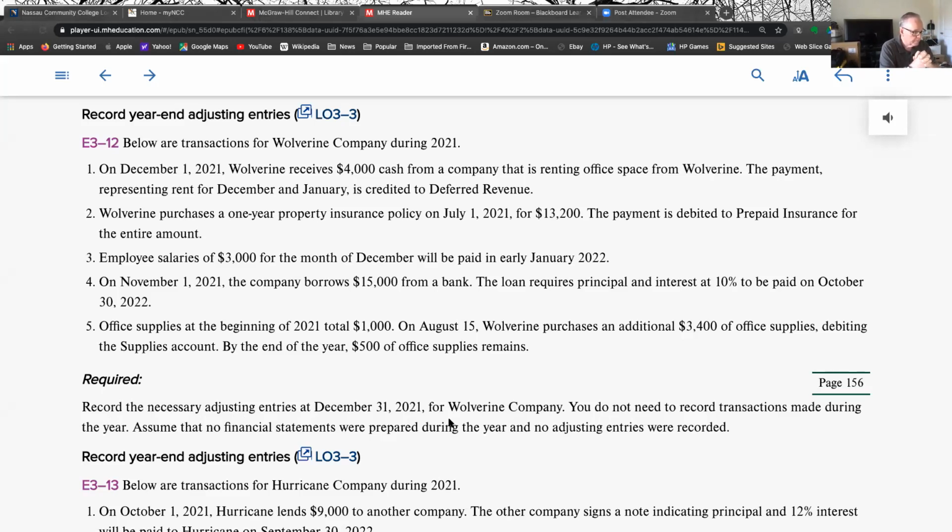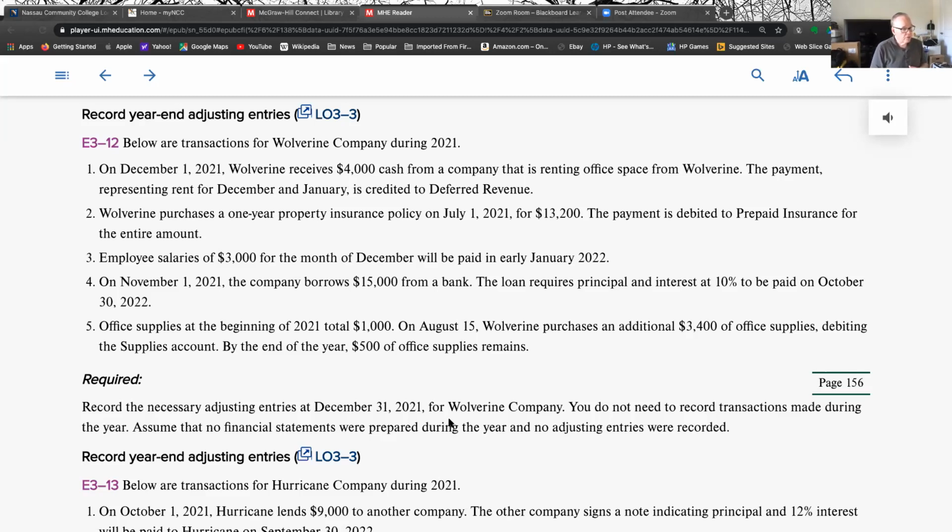Assume that no financial statements were prepared during the year and no adjusting entries were recorded. So that's telling you they're looking for a full year's worth of computation. If they were preparing financial statements monthly, then we would only be interested in 1 month.